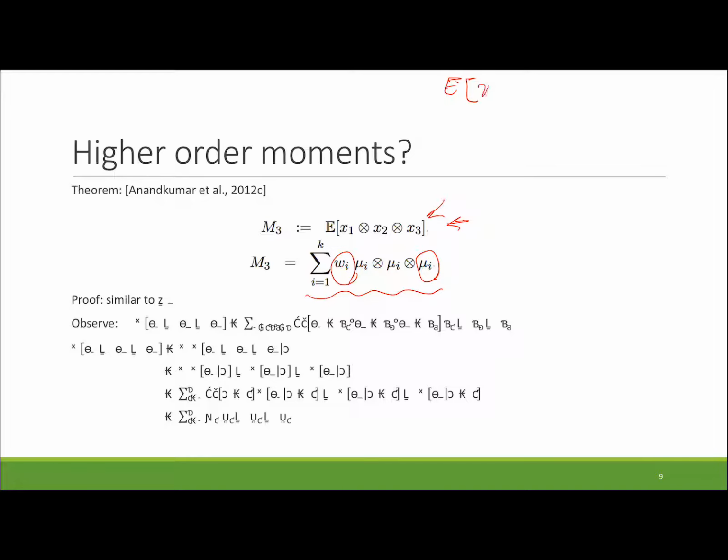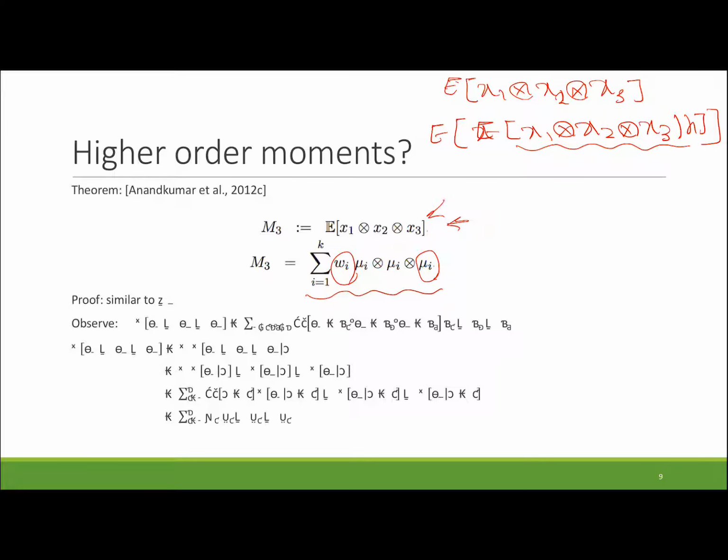So the way it goes is I will again use the law of total expectation to expand this: the expectation of x1 cross x2 cross x3 given h, right? And because of the conditional independence, I can then write this as x1 given h cross x2 given h, and so on.